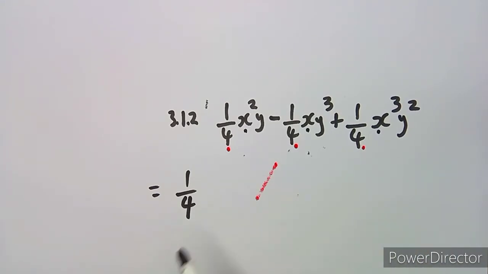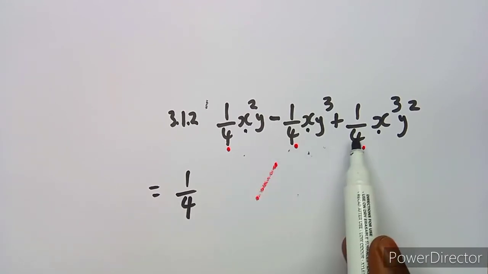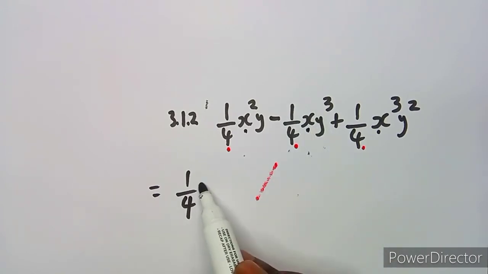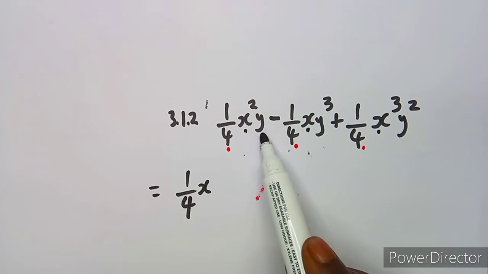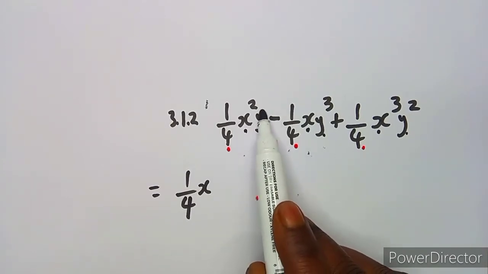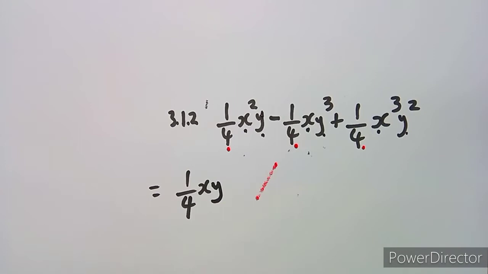But remember, what you factor out here is the highest common factor, so you factor the one with the smallest exponent, which is x. You move on to y. Y is there, there, and there, which means it's common, but you factor out the one with the smallest exponent, which is y. So this is your highest common factor, the one that you factor out.